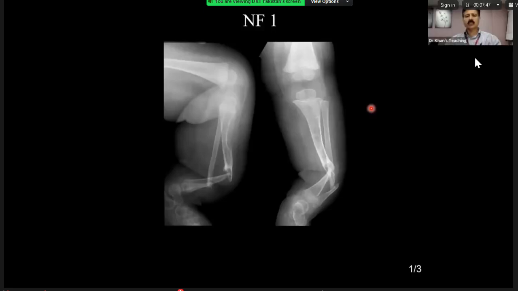So this is a classical appearance, we have covered this in our MSK module. This is pseudoarthrosis. If you see, look at this. In NF1, what happens is that there are bone dysplasias. This can happen in the tibia, fibula, humerus, radius.